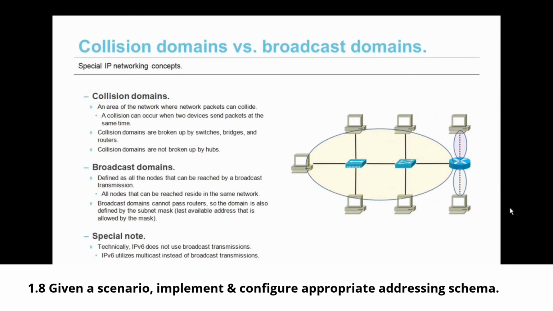On the other hand, a broadcast domain is defined as all the nodes that can be reached by a broadcast transmission. All the nodes that can be reached reside in the same network. Broadcast traffic cannot pass routers, so the domain is also defined by the subnet mask, and that subnet mask defines the network.